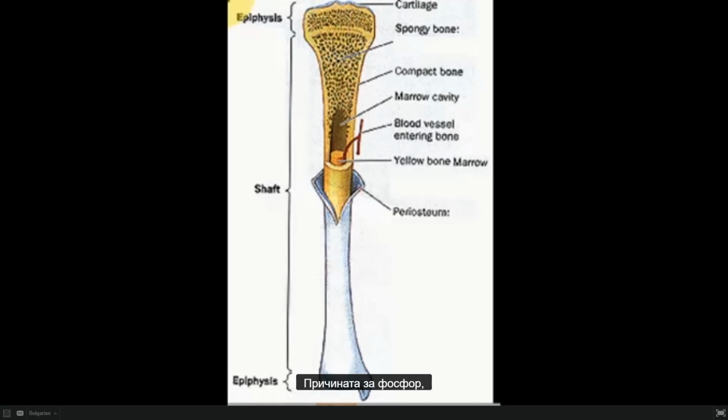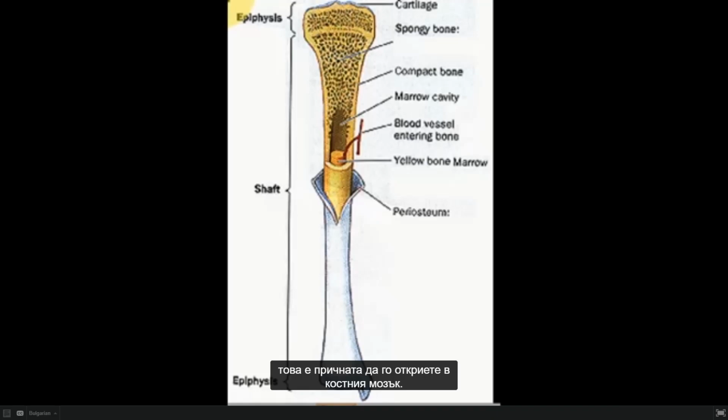The reason for phosphor, look at the structure of the DNA. The body, the emotional side, wants to guarantee that its information is kept in its RNA in conjunction with the existence of the DNA.